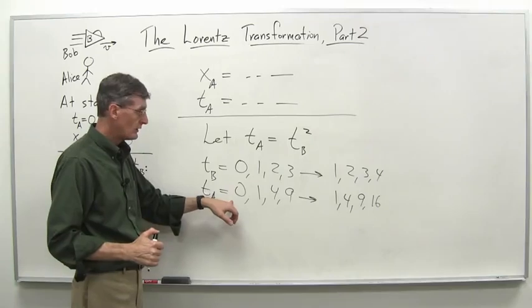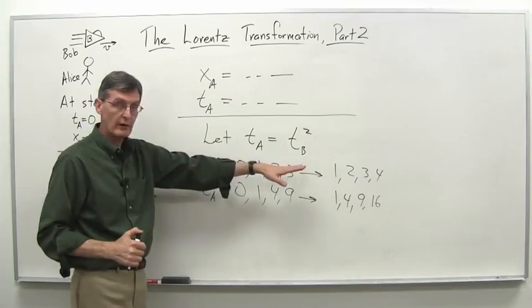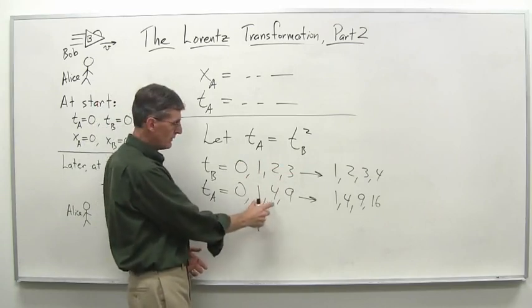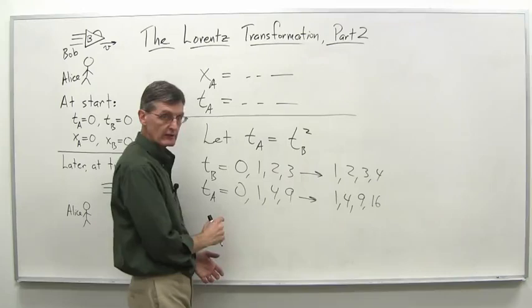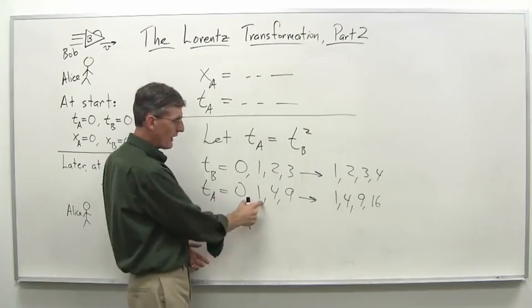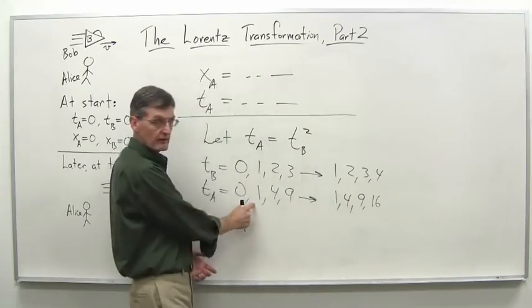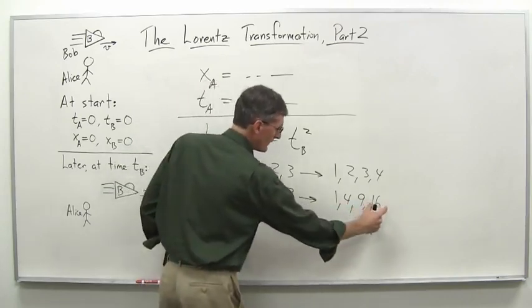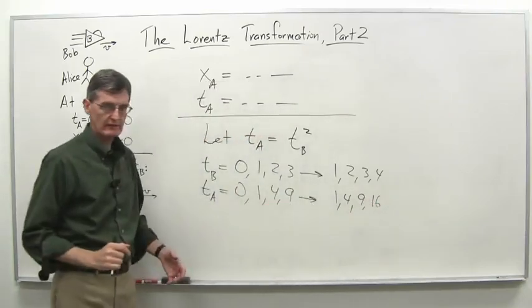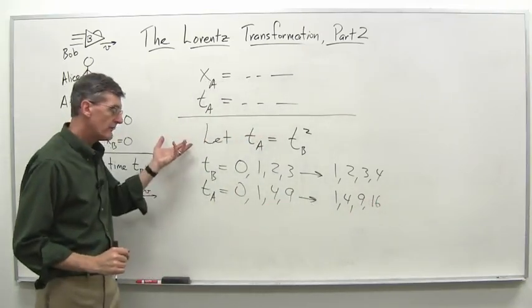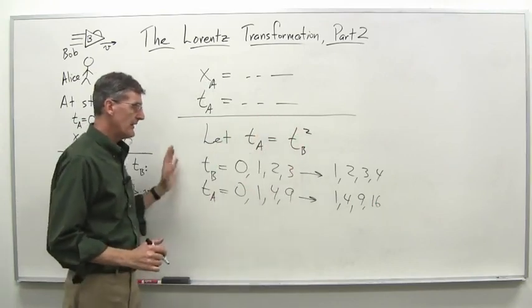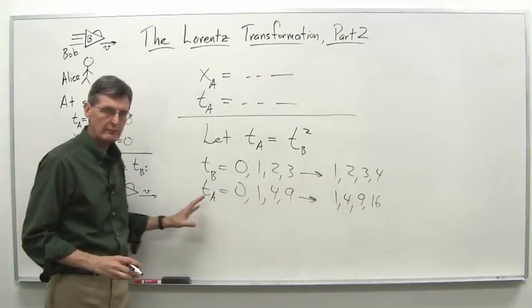But for Alice, it makes a huge difference, because here I had 1 second between them, 3 seconds, and 5 seconds between those events. Now I have 3 seconds instead of 1 second, 5 seconds instead of 3 seconds, and 7 seconds instead of 5 seconds. So if I have things like TB squared in there and square roots and things like that, it messes up the timekeeping system.